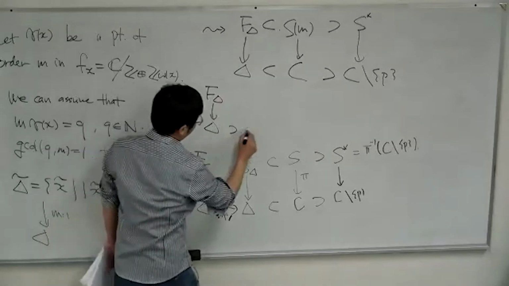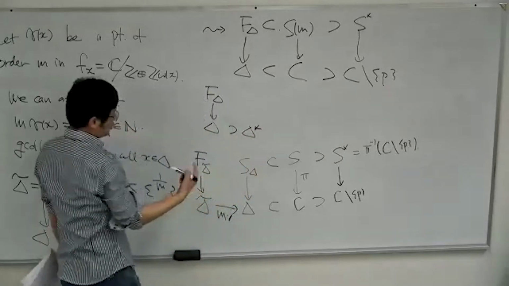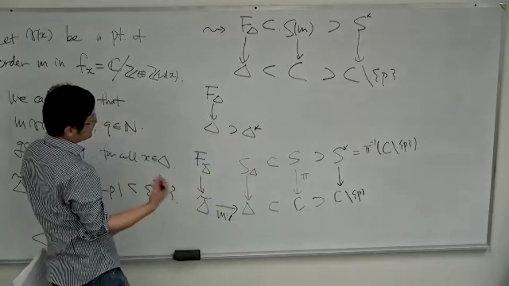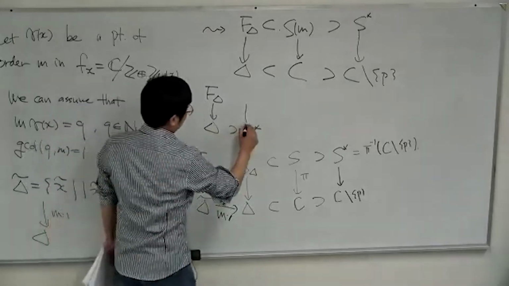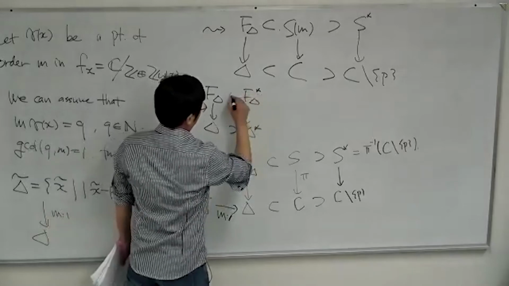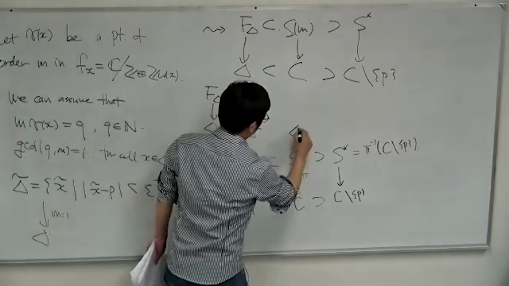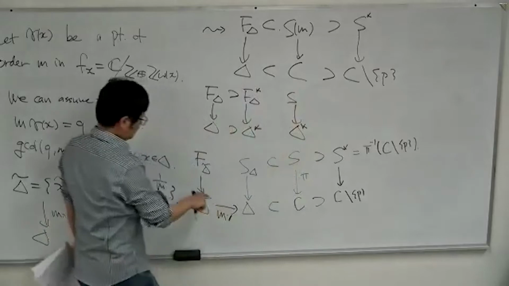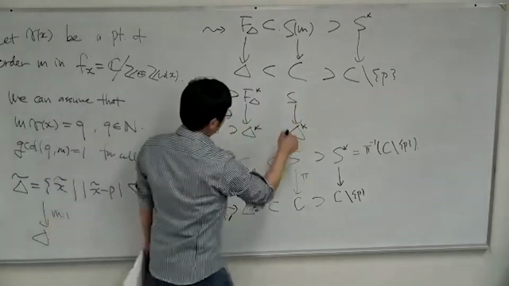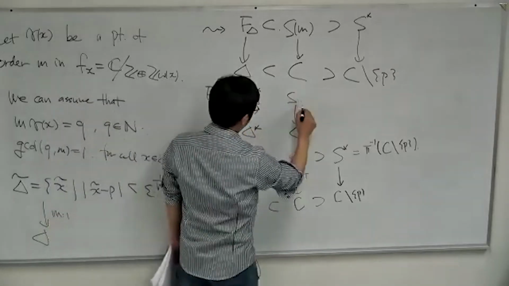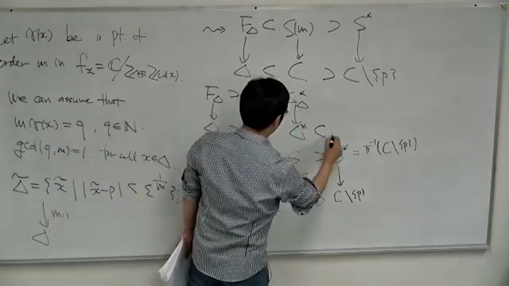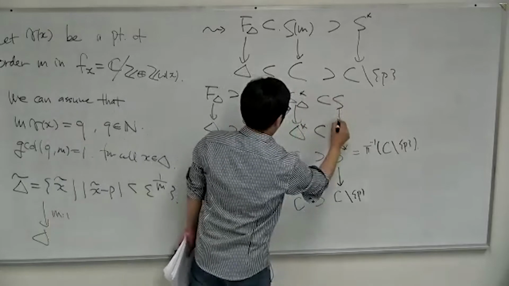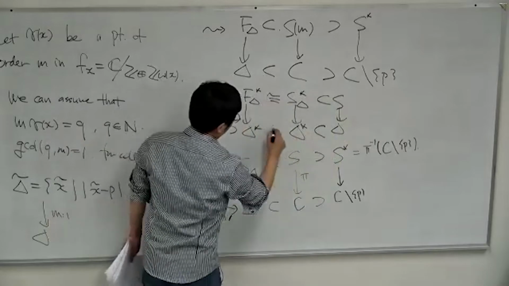I have this new surface, but over this, except this origin, this new fibration will be the same as the previous fibration. So I can identify this one.